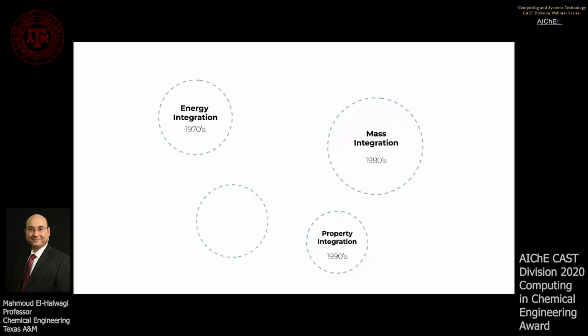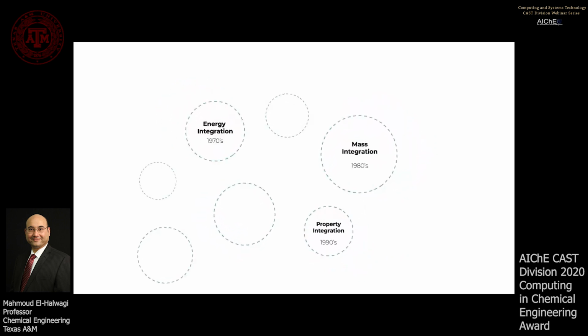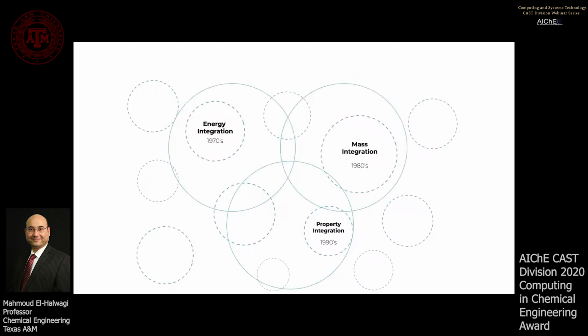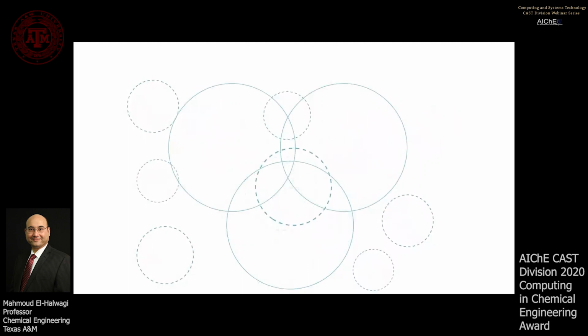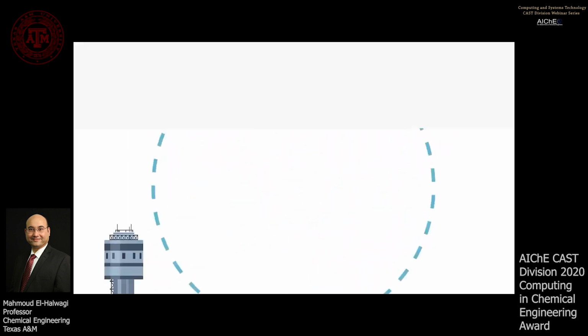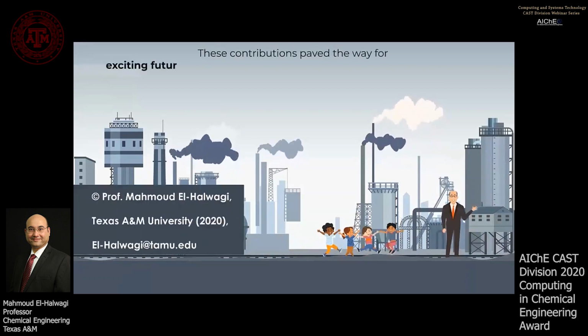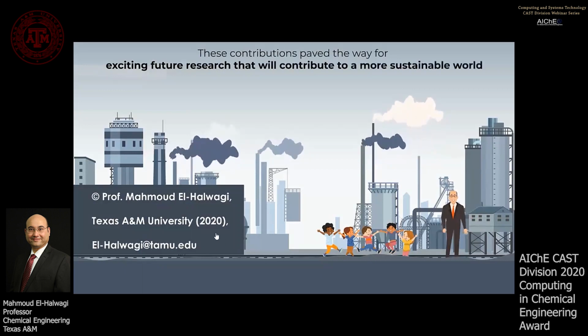Since the inception of these 3 categories, there have been numerous valuable contributions, not only within each category, but also at the interface of more than one category. These contributions paved the way for exciting future research that will contribute to a more sustainable world.